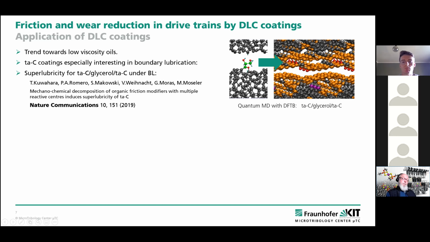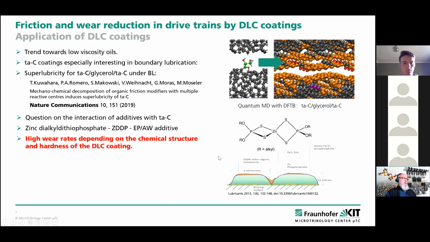The problem with ta-C is that in an engine, of course, there is also steel, and you have to protect the steel. And usually you insert ZDDP into the engine oil to make protective layers. Here's the ZDDP molecule. The ZDDP molecule produces, under shear, polyphosphate films which protect the surfaces.